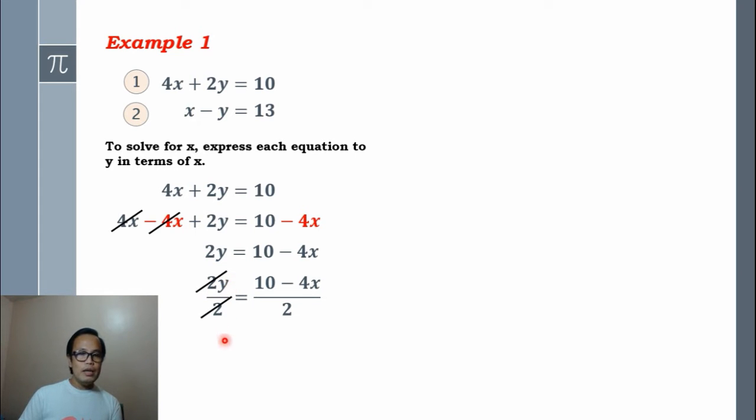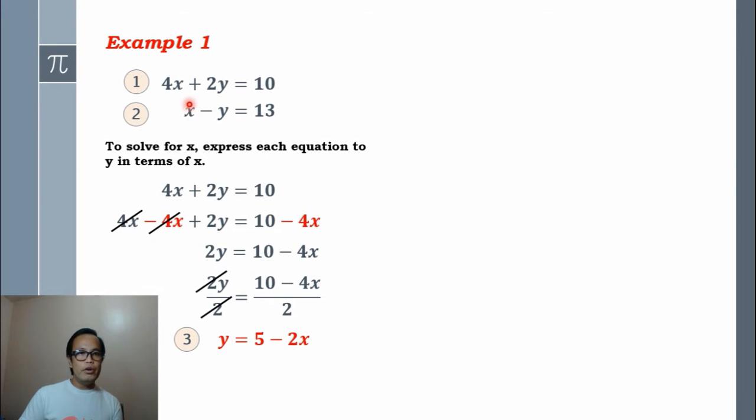So what remains at the left side of the equation is y equals. 10 divided by 2 is 5, then we copy minus. 4x divided by 2 is 2x. That's why our y in terms of x is 5 minus 2x. I will name this equation as our equation 3.